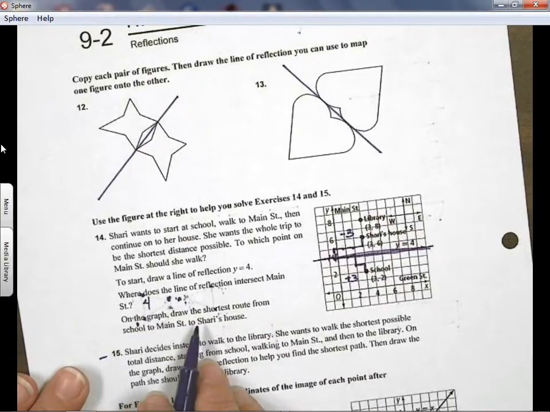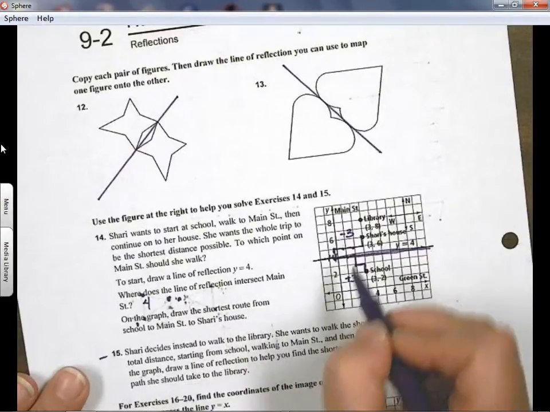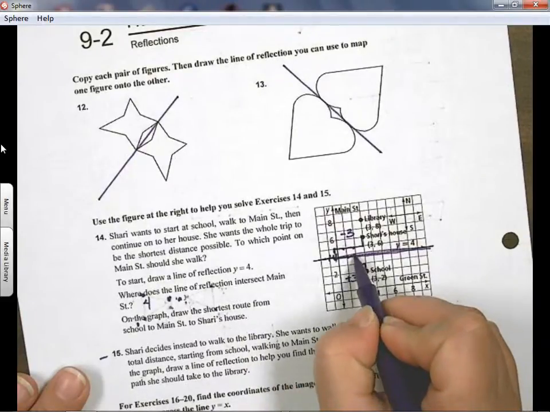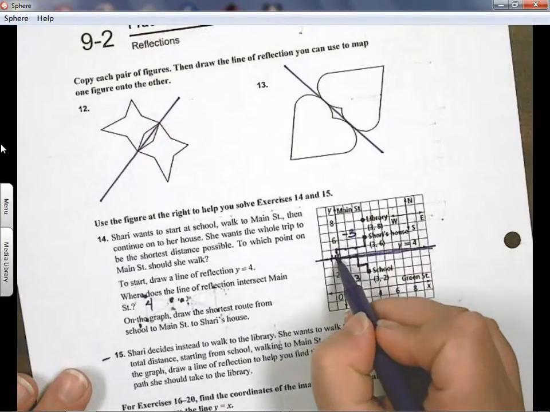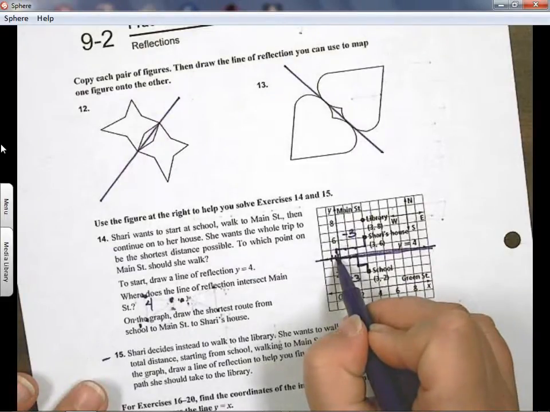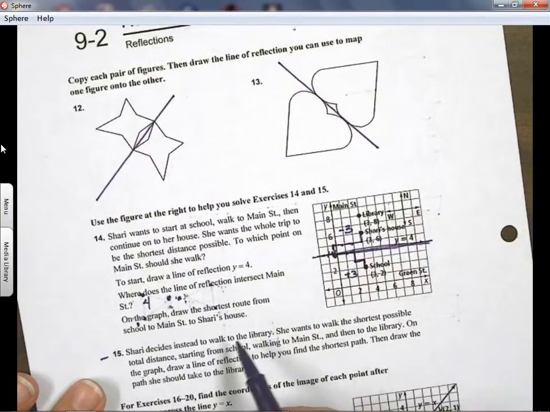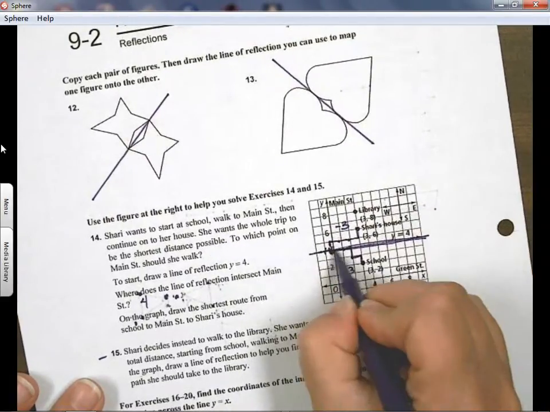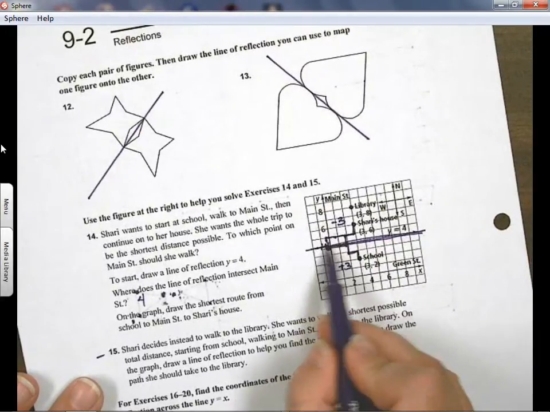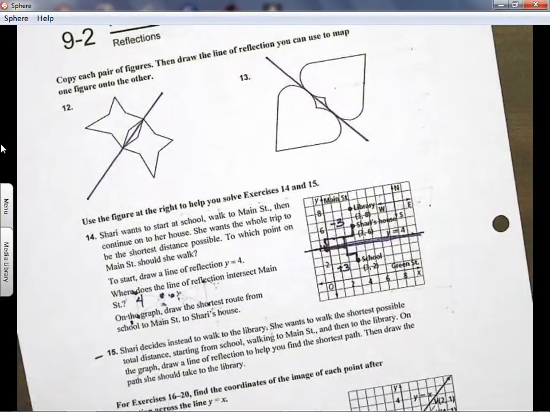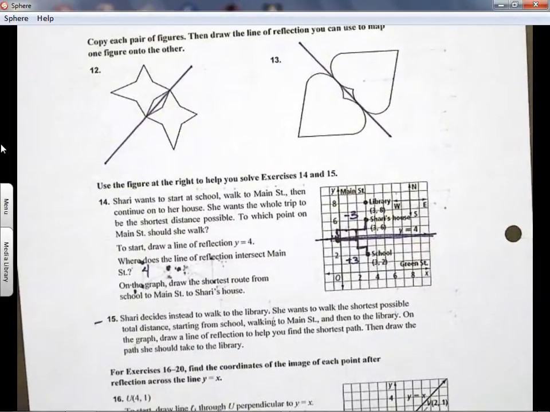On the graph, draw the shortest route from school to the Main Street. So I would say a diagonal line is probably the shortest route. 1, 2, 3, 4, 5. Okay? And then, is that going to mirror the shortest route back? Yep. So she's going to retrace her steps on Main Street. That's all it's asking you to do in that question.